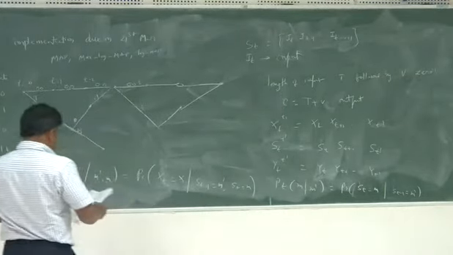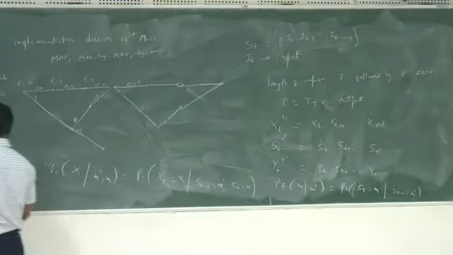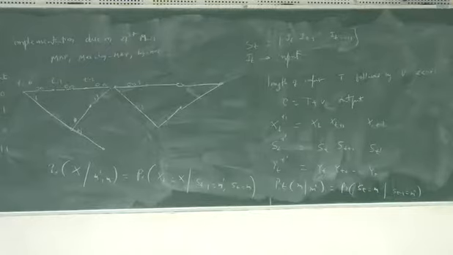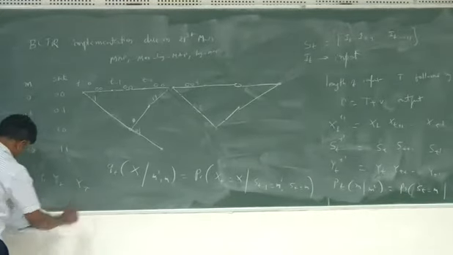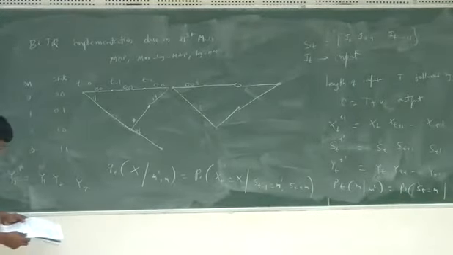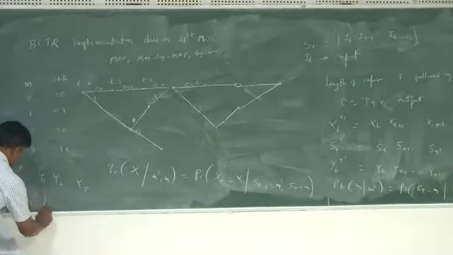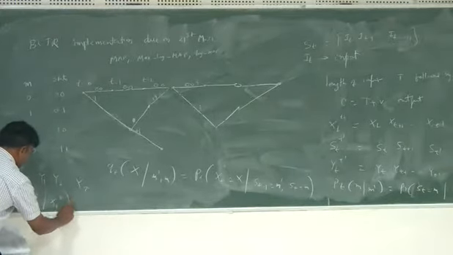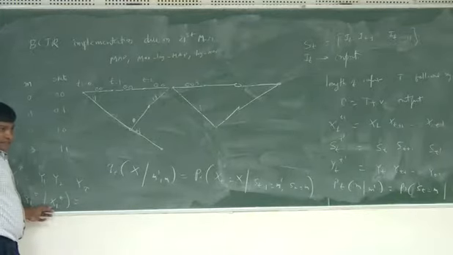So the y is received. We are interested in y1 to collect y between 1 to tau. What are they? y1, y2 all the way to y tau. We collect them. Okay. And the probability of y1 to any arbitrary t given x1 to t is the probability of y given x.